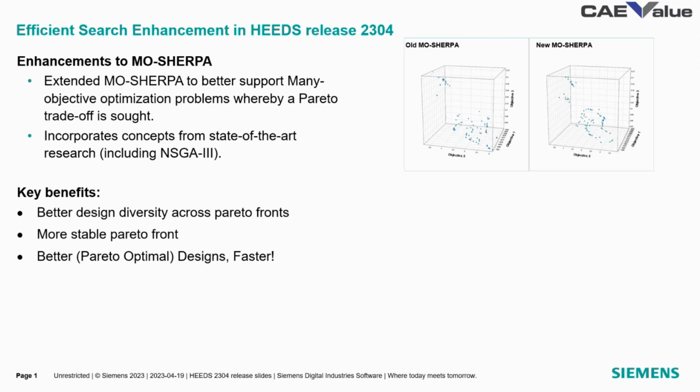All right, thanks. Before I show the example, I just want to mention 2 enhancements in the latest release of HEEDS. One of them is that the multi and many objective Sherpa algorithm for handling more than two objectives has been improved, and it also now incorporates state-of-the-art research, including the NSGA3, as Johan talked about earlier.